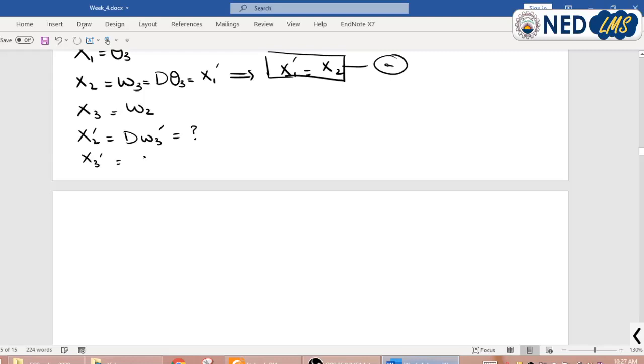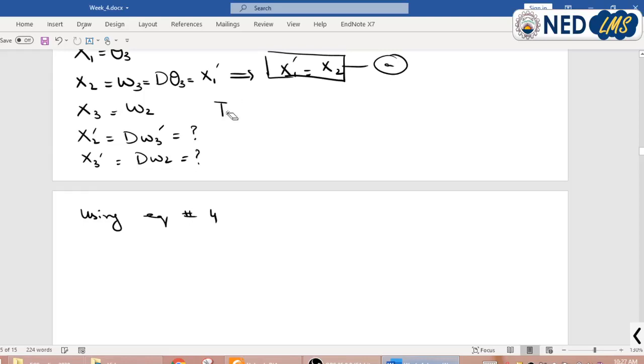Similarly, x3 dash is d omega 2, which is unknown. So we can find these parameters from equation 3 and 4, using equation number 4 first.